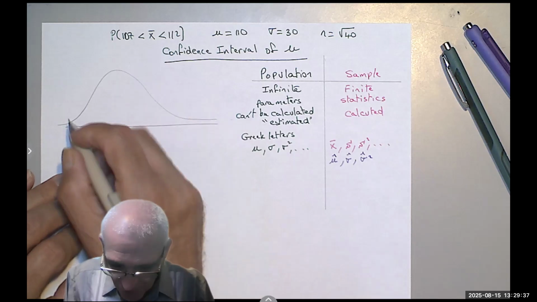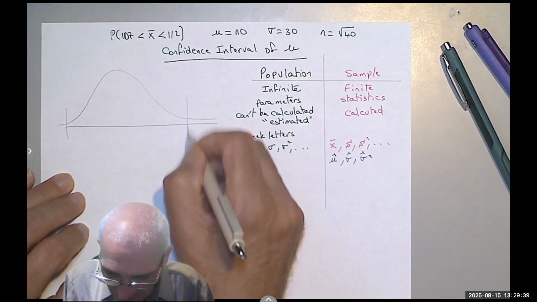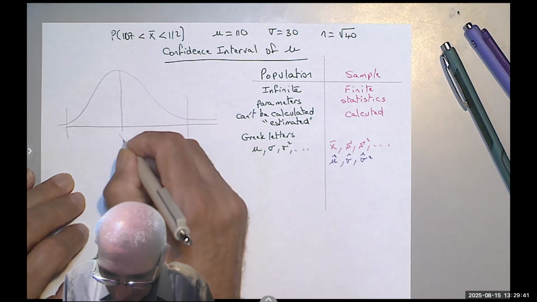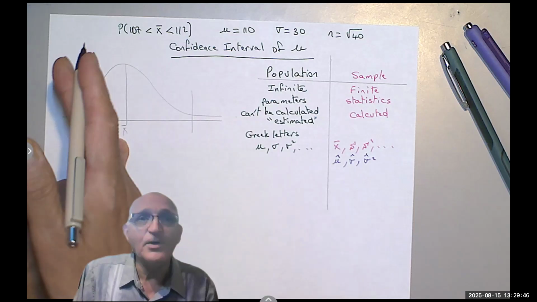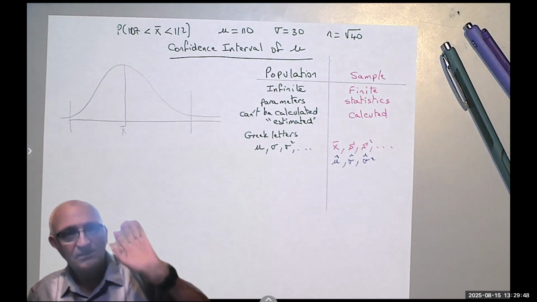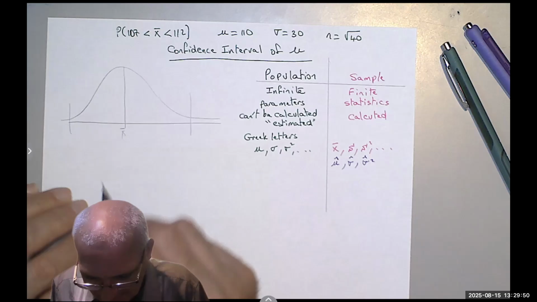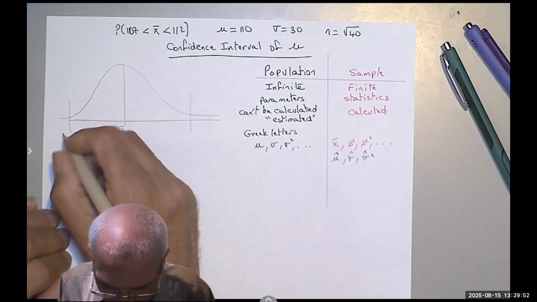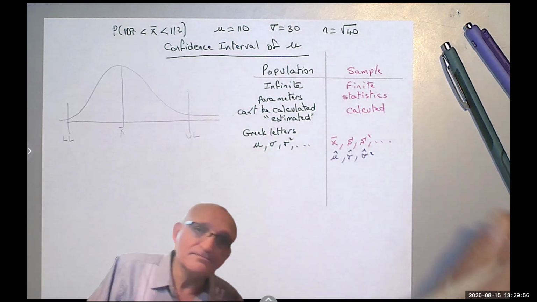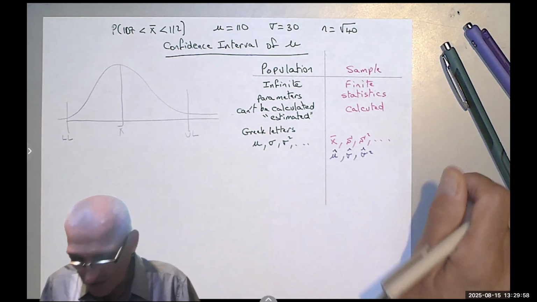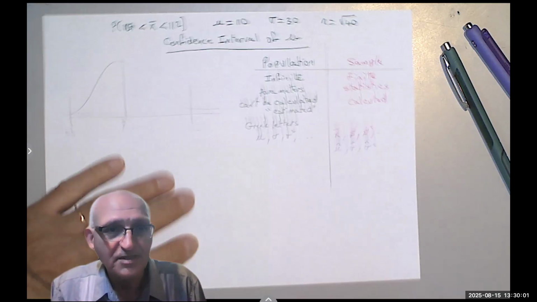So I'm going to give you two numbers here where this is x bar, but I know that the expected value of x bar, meaning the mean of x bar, is mu. We proved that last time, right? But this is x bar, and this is a lower limit, and this is an upper limit. So I can give you the lower limit and the upper limit.